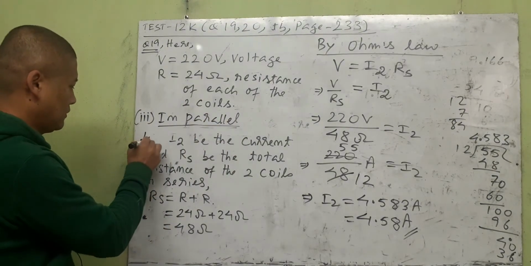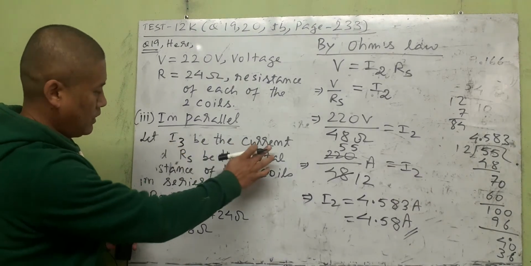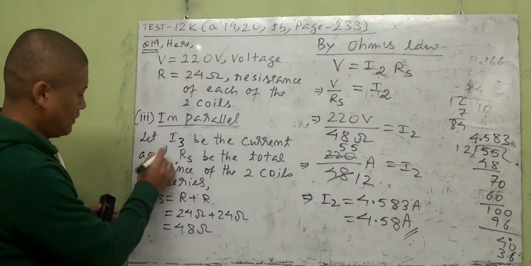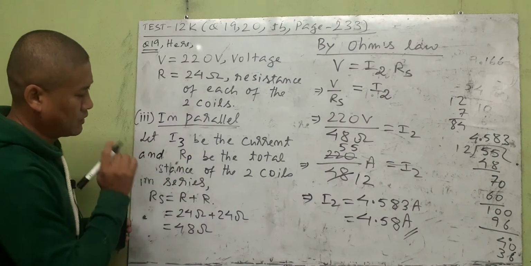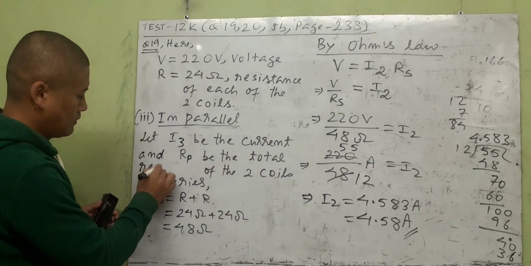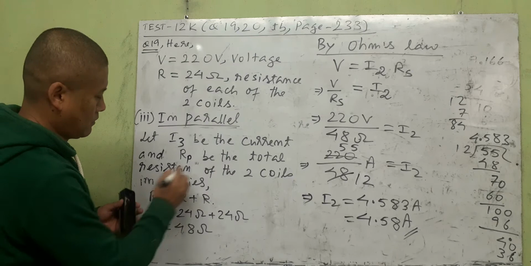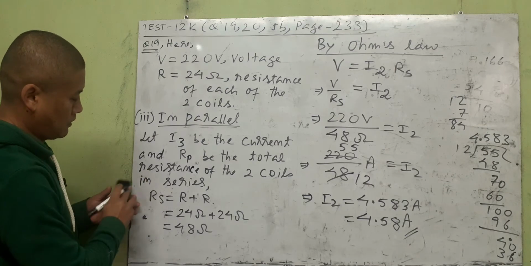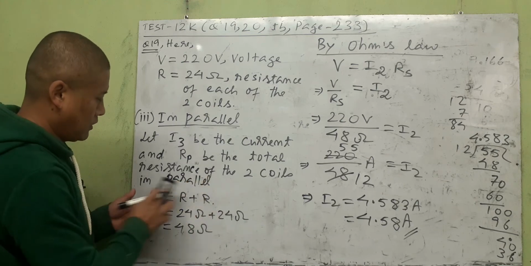So let I3 be the current, and then RP, because they are now in parallel, let's just use the notation RP be the total resistance of the two coils, this time clearly in parallel, so we write here parallel. So up to here you can write that way.